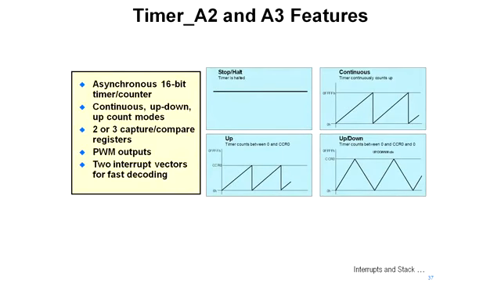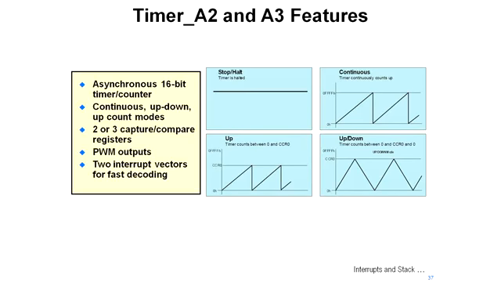Some of the features available on the Timer A2 and Timer A3: they are asynchronous 16-bit timer counters. They offer a series of different modes. Continuous, where the timer continuously counts up to FFFF and then rolls over to 0. In most cases like that, it'll generate an interrupt at the rollover.